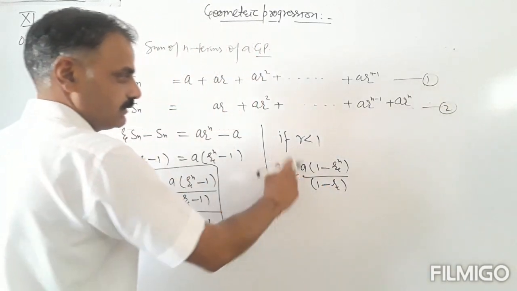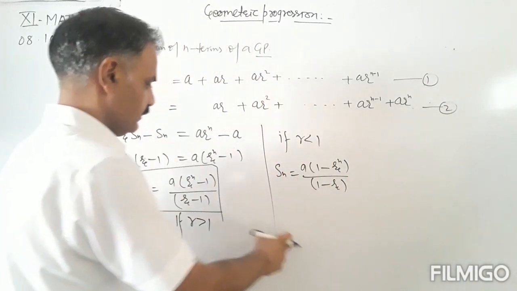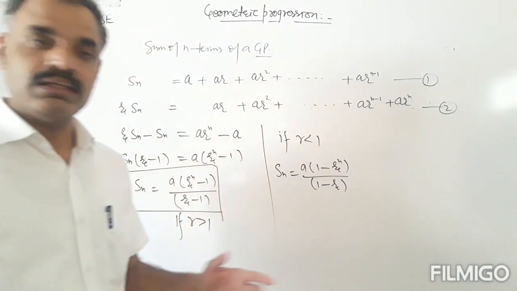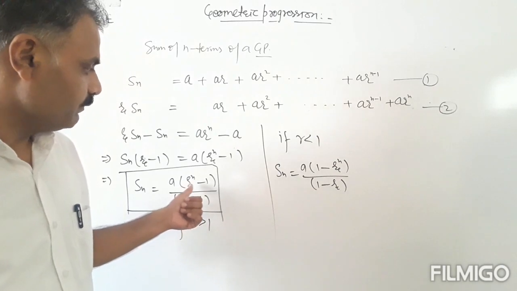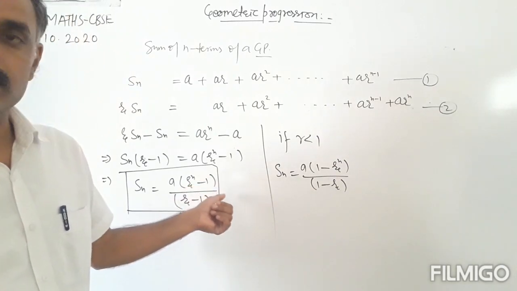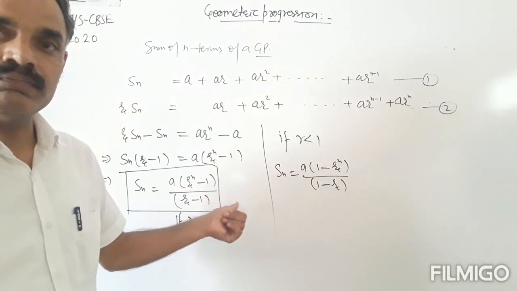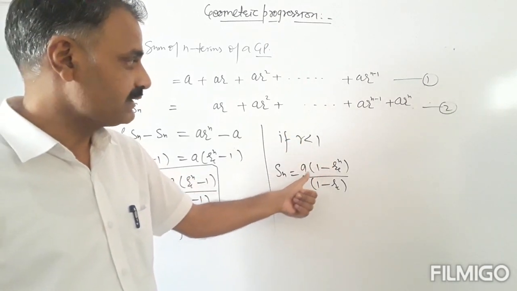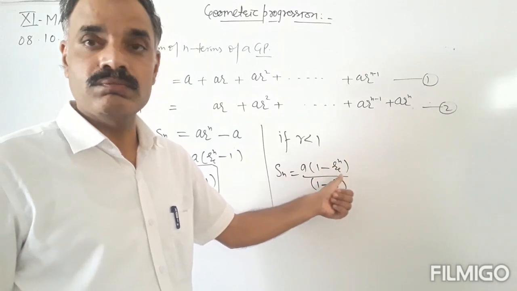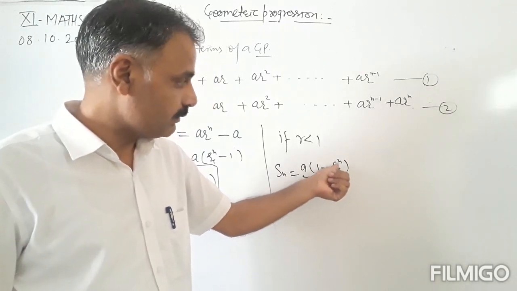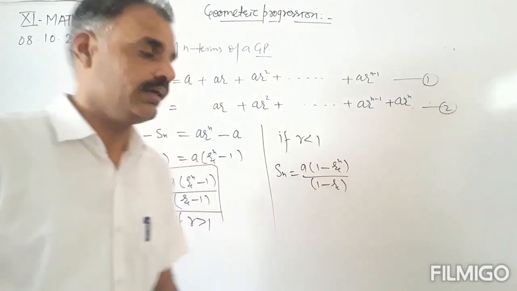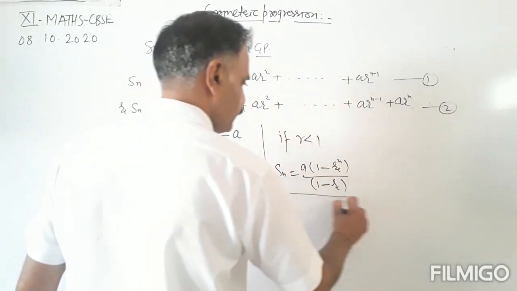This is if r is less than 1, and the earlier one is if r is greater than 1. If r is greater than 1, then we subtract 1 from r to the power n, that is (r to the power n minus 1) upon (r minus 1). If r is less than 1, then we use (1 minus r to the power n) upon (1 minus r). So these are two formulas.